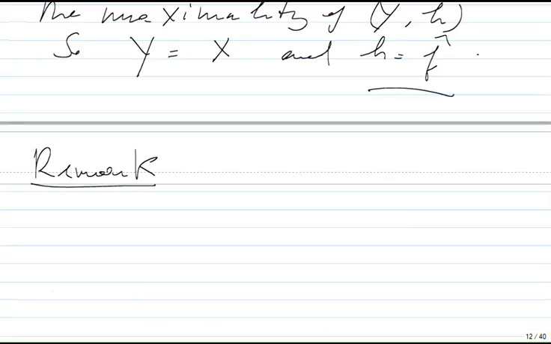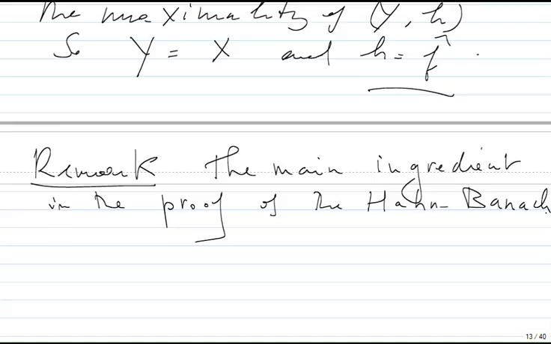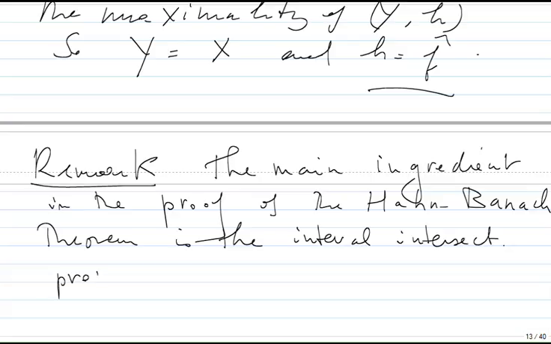So here the main ingredient in the proof of the Banach theorem is the interval intersection property of R. So again, what does it say?